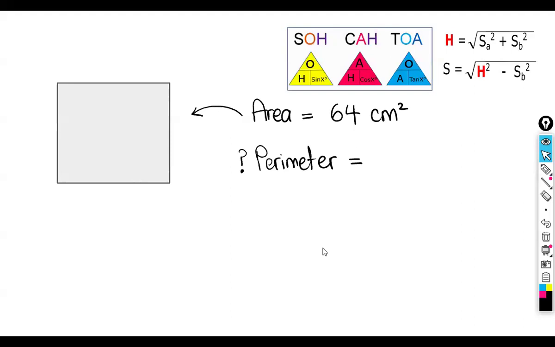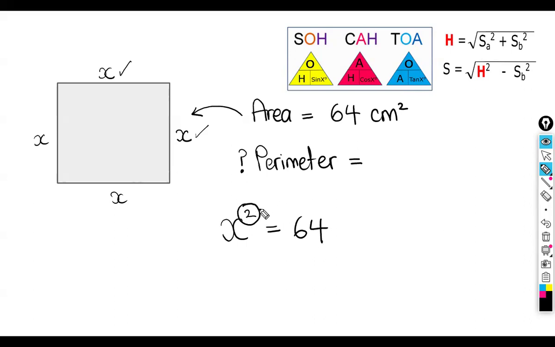Now, remember how you would do this in primary school. To find the area of a square, remember all sides of a square are equal. To find the area of a square is side multiplied by side, or side squared. So if this side is x, this side would also be x, and this one would be x, and this one would also be x. So in other words, to find the area of a square, you would have to say x squared is equal to 64, because when you square the sides, you will get 64.